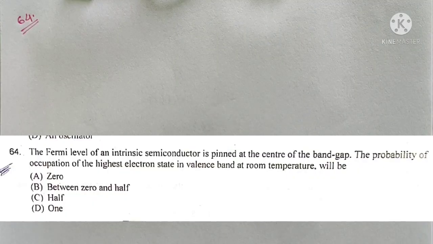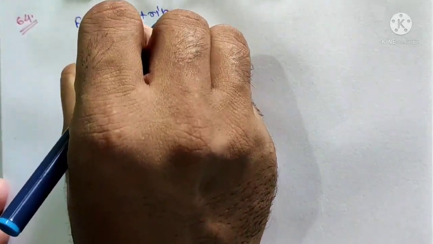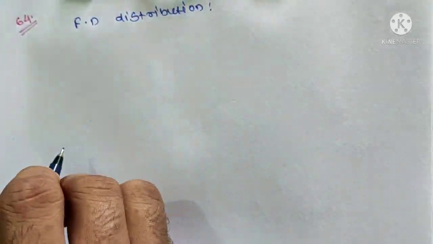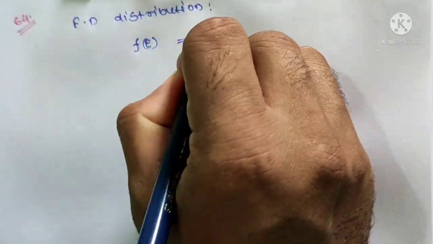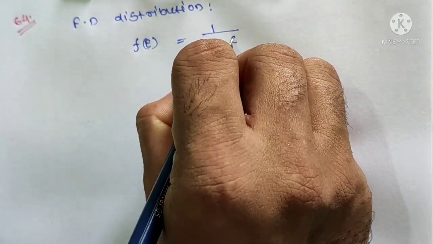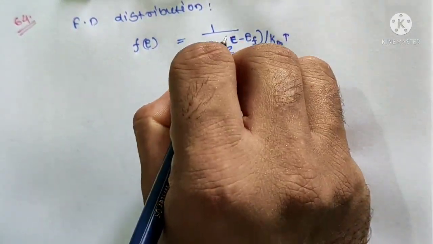Question number 64. The Fermi level of an intrinsic semiconductor is at the center of the band gap. The probability of occupation of the highest electron state in the valence band at room temperature will be. We know according to Fermi-Dirac distribution, the probability of occupation of the electron state is given by 1 by 1 plus exponential E minus EF by kBT.